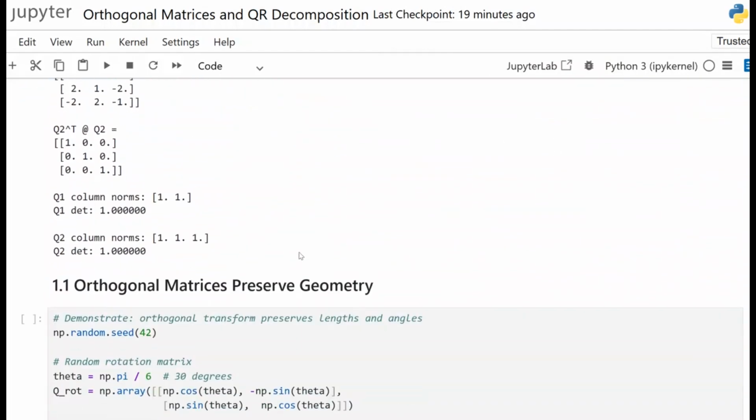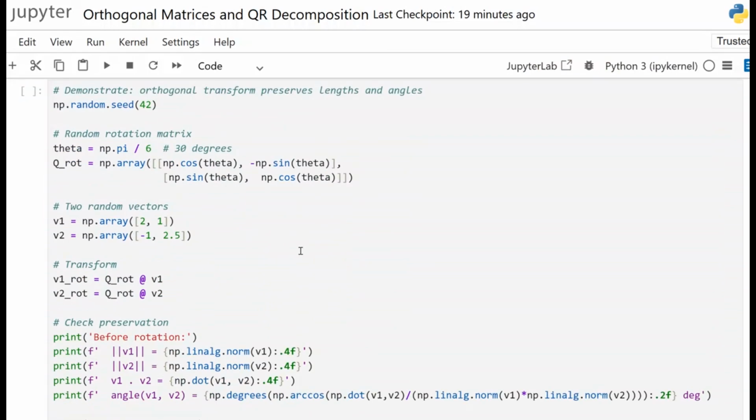Kindly observe, dear friends, this exact code demonstrates a fundamental property of orthogonal transformations, that is they preserve vector norms, that is length and angle. And here the example uses a 2D rotation matrix and verifies this both numerically and visually.